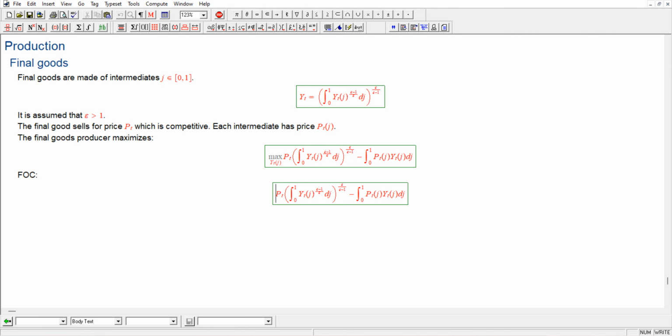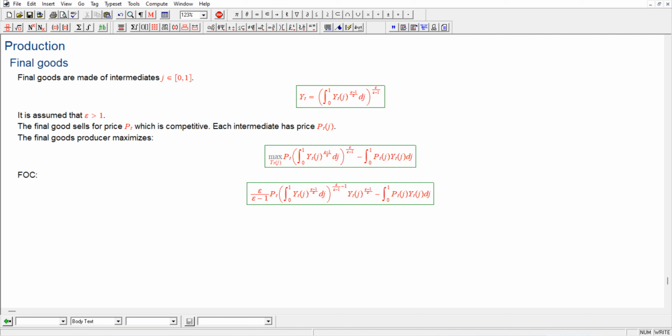Each y sub j is inside this whole expression, so the first thing we need to do is differentiate this expression. That means that this exponent comes out, and we need to subtract 1 from it. Next, we need to figure out how this expression depends on each y sub j. Well, it depends on it like this, and so we need to differentiate this independently.